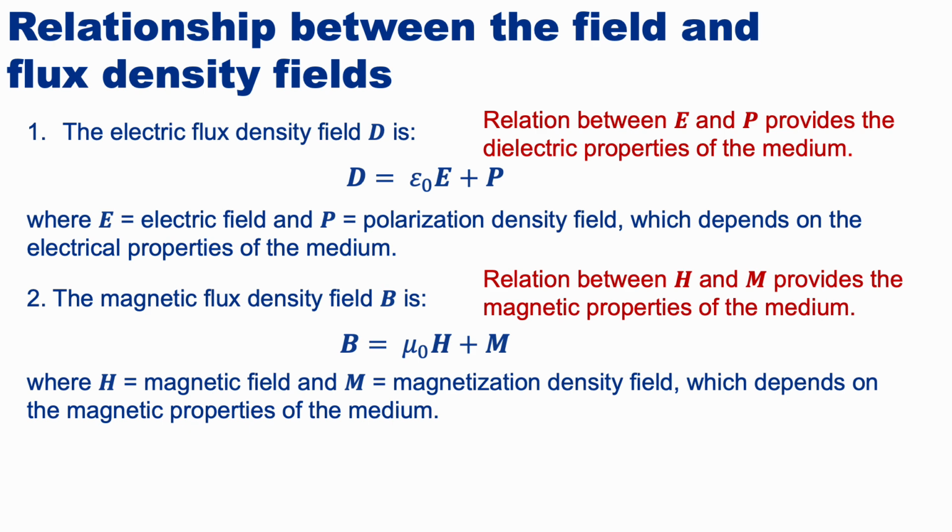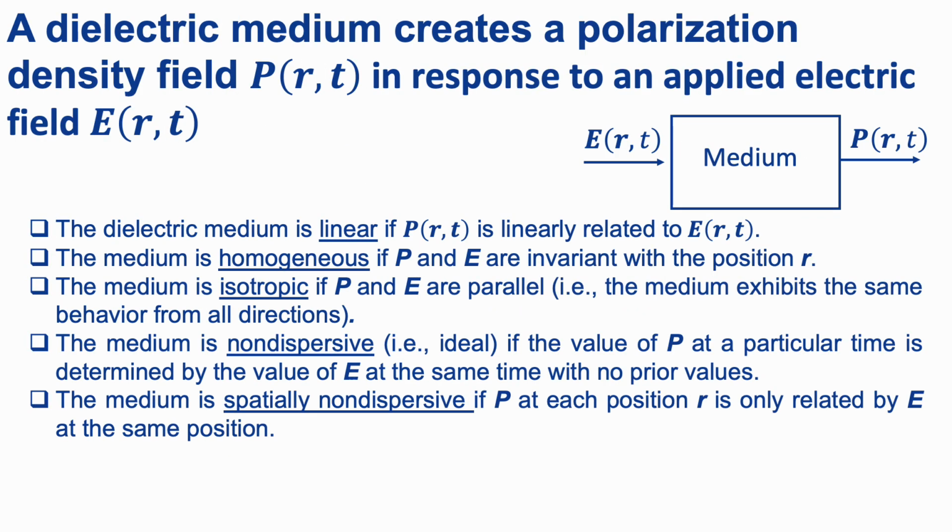So let's assume that we are in a dielectric medium that creates a polarization density field in response to an applied electric field, right? When we say that the medium is linear, it means that the polarization field is related linearly to the electric field.